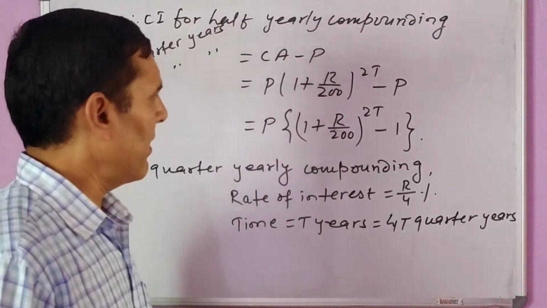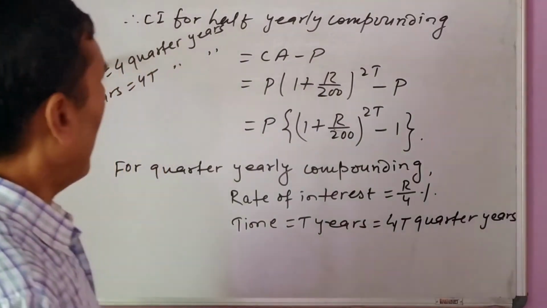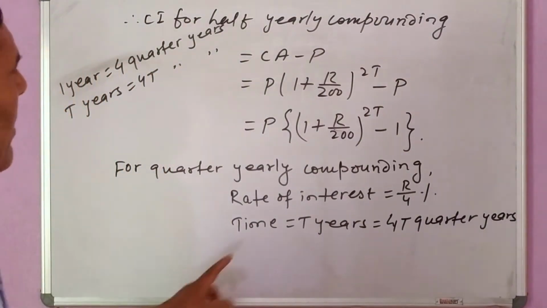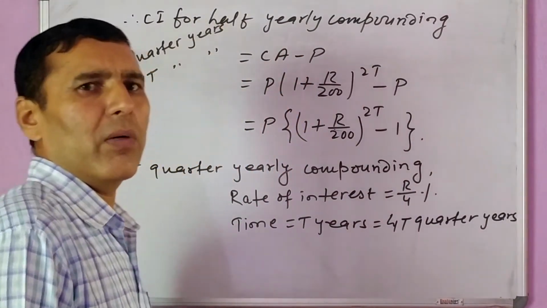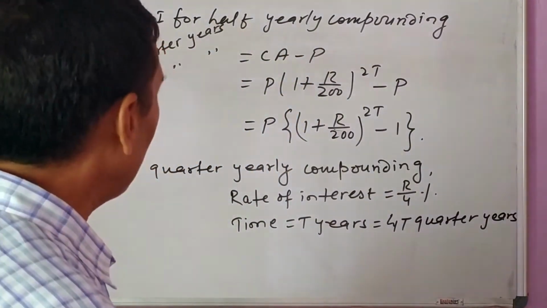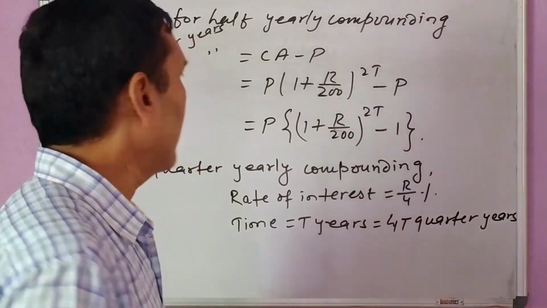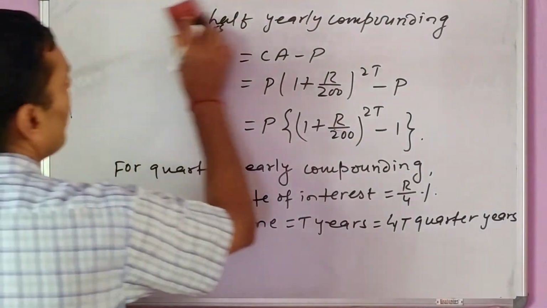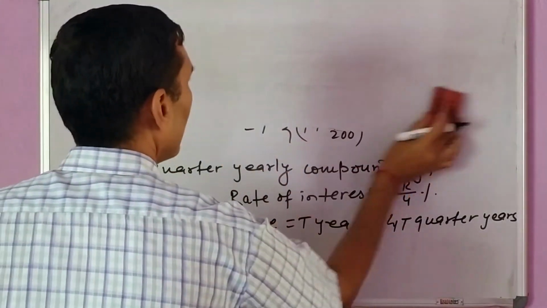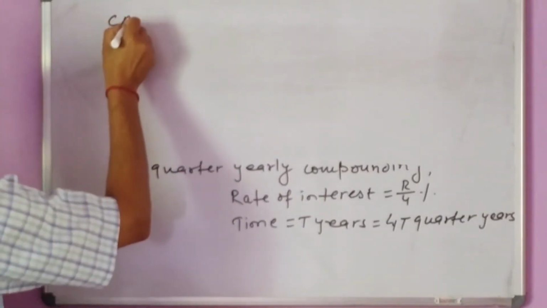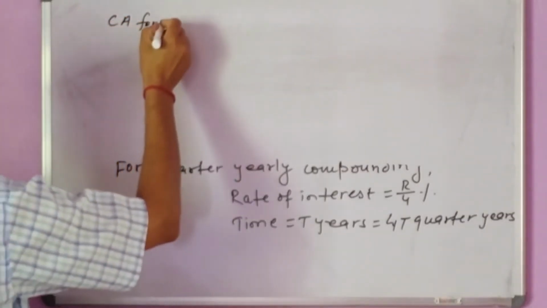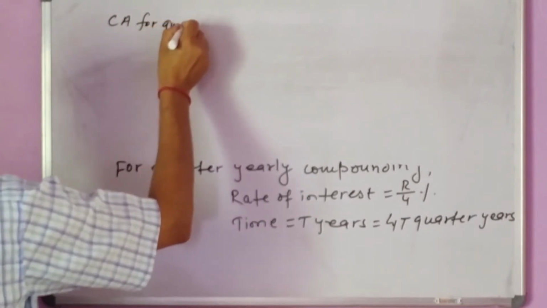So if you replace R by R/4 and T by 4T in the formula of compound amount for yearly compounding, what will you get? We get CA for quarter yearly compounding.